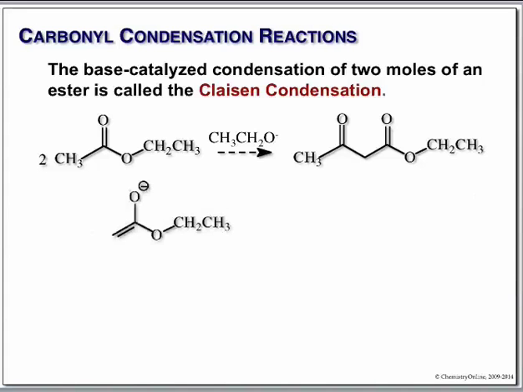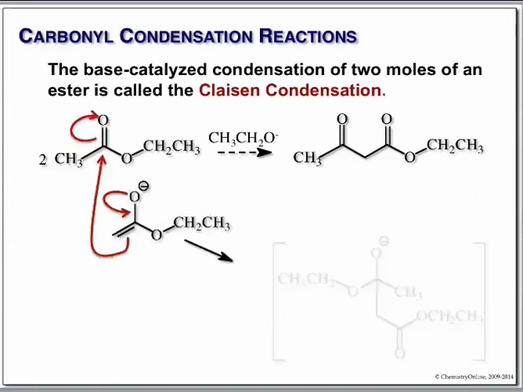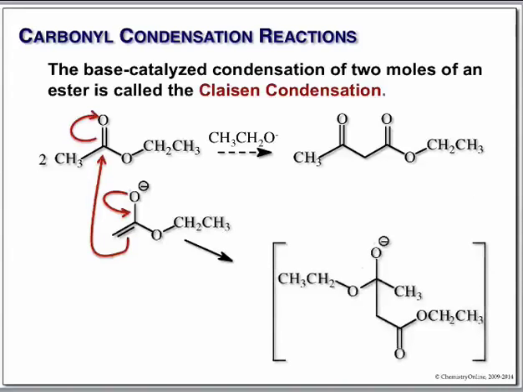Exactly like we did with aldol. This gives us this intermediate. Now, this is a standard classic acyl transfer intermediate, isn't it? We have a tetrahedral intermediate, and we have a leaving group attached.